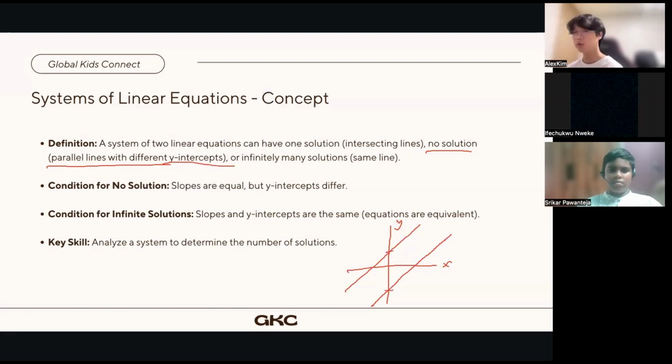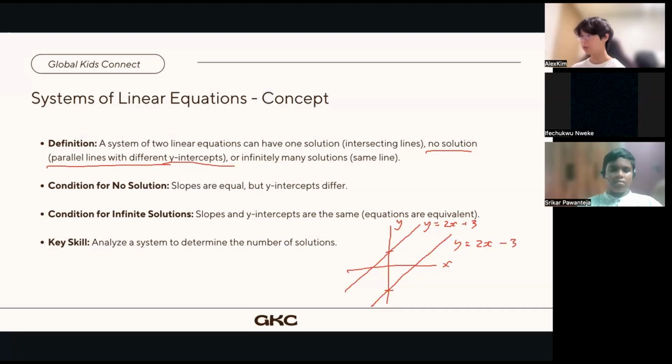We can see that there are no points where they touch each other, which means that there are no solutions and no intercepts. When we are given two equations, let's say y equals 2x plus 3 and y equals 2x minus 3, we can see that the y-intercepts are different. However, the slopes are the same, which is exactly this situation.